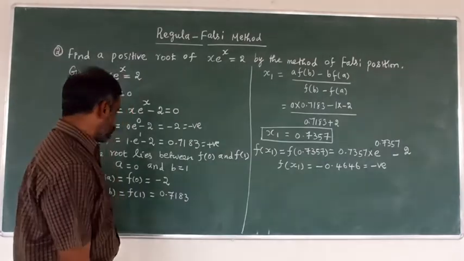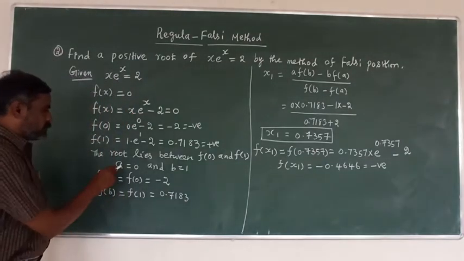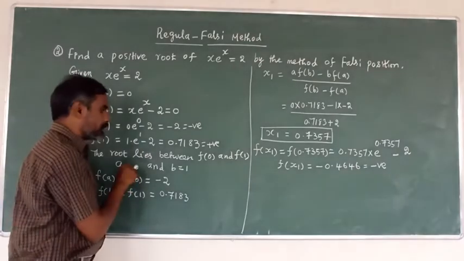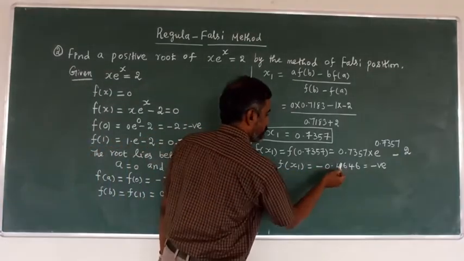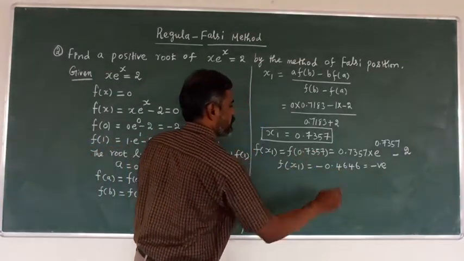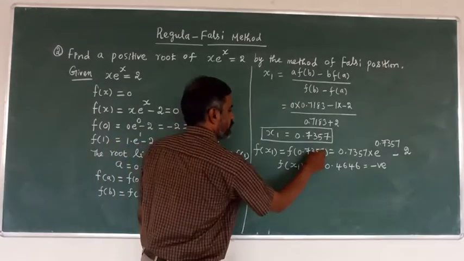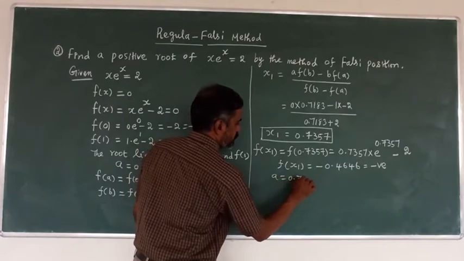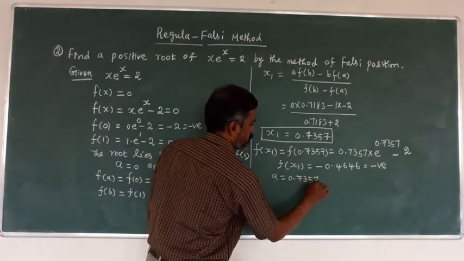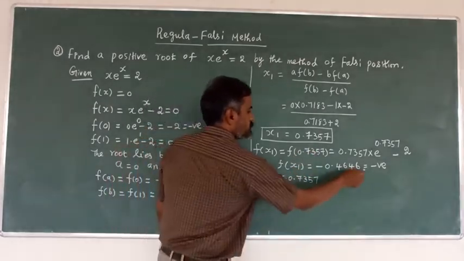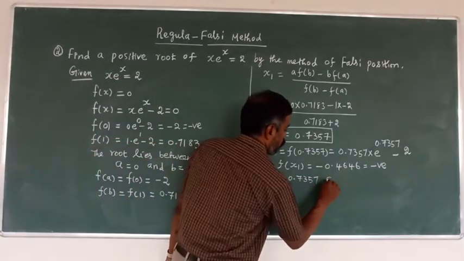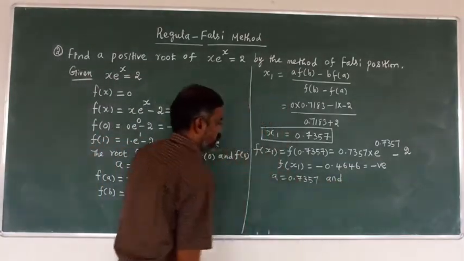Now the a value 0 is replaced by 0.7357, since this is the negative value, and b = 1 is the positive value.